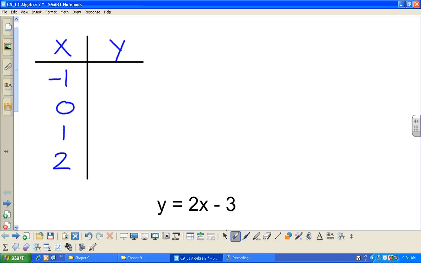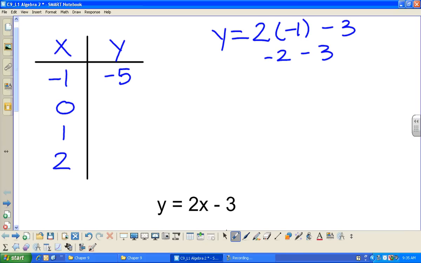You should pick at least 4 numbers for your X values. My first number for X is -1. So I take my equation, y equals 2x minus 3, and I write -1 in the X spot. So I get -2 minus 3, which would give me -5.